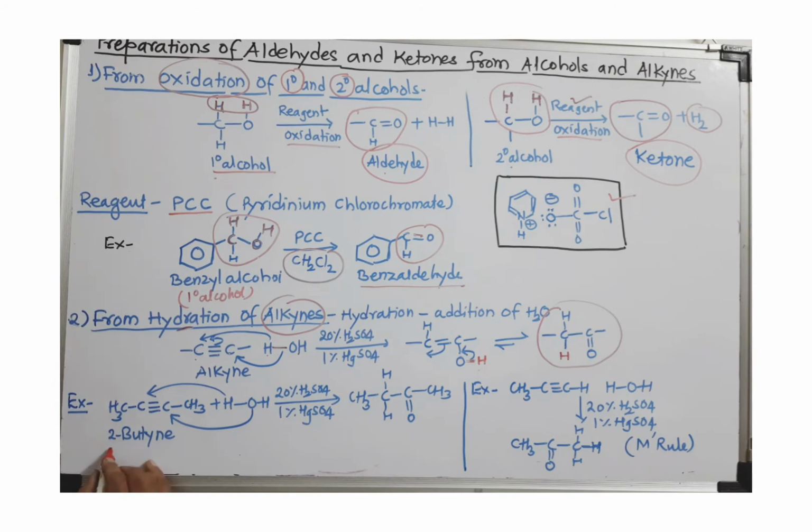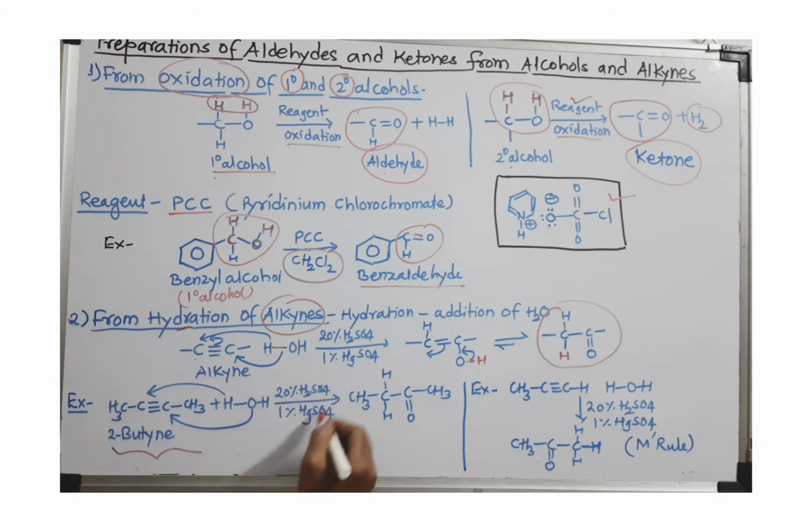Now here I am taking two examples. One is a symmetrical alkyne. How to decide a symmetrical alkyne? You cut the molecule into two halves. If this half is similar to this half, this is a symmetrical alkyne. In case of a symmetrical alkyne, you need not worry. You can join hydrogen at either carbon, and OH anywhere, and you will get the same product.